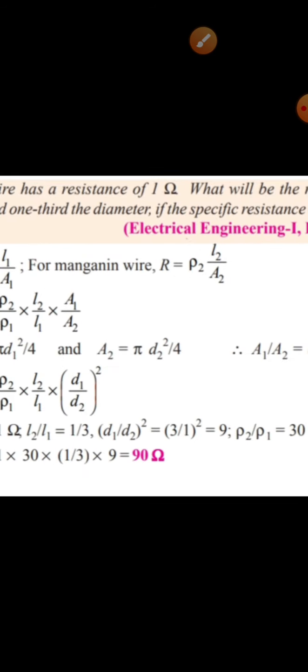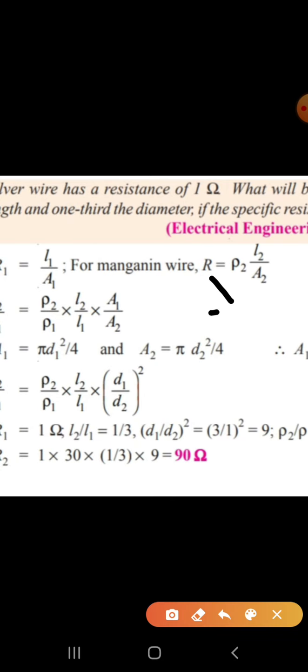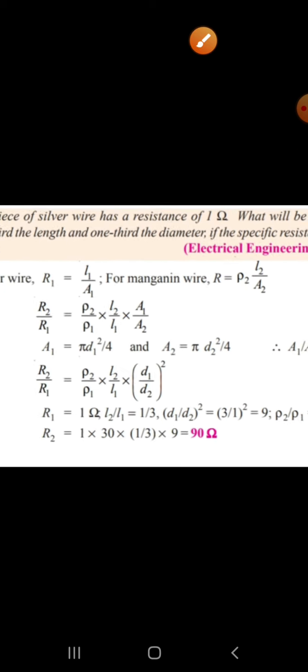See, here actually it is written R, but this is R2. Now by taking the ratio of R2 and R1, we can write R2 by R1 is rho 2 by rho 1 into L2 by L1 into A1 by A2.